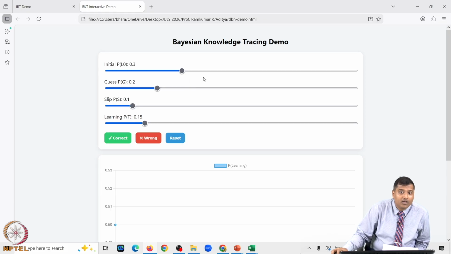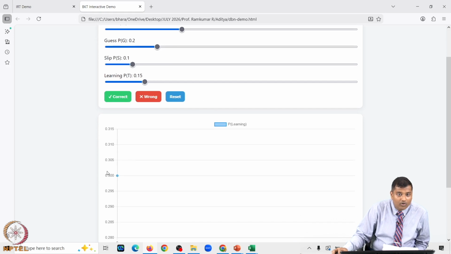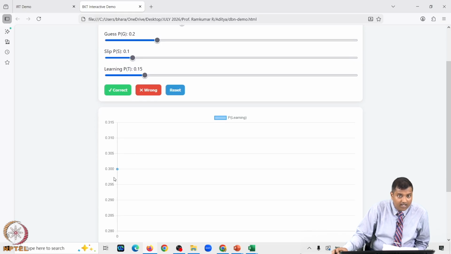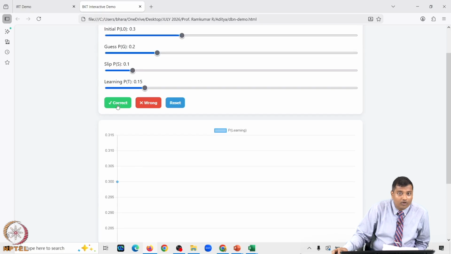I'm going to click on reset. Now when I click on reset, it sets my initial value correctly to 0.3 and it gives me this graph.